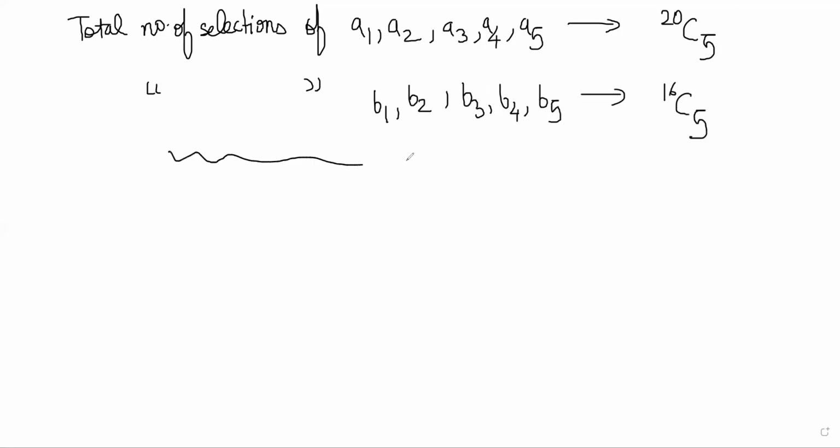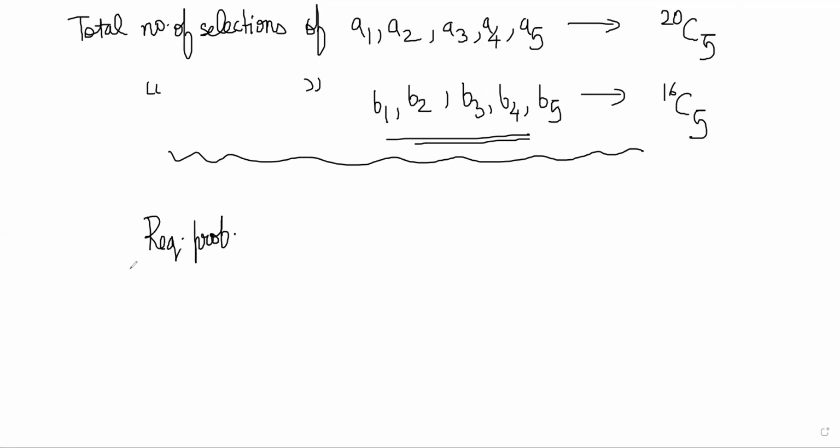And there is a one-to-one correspondence between the number of ways of selecting the B's and the number of ways of selecting A's so that they are non-consecutive. That is what we understood in the previous screen, right? So the required probability of selecting the numbers so that at least 2 numbers are adjacent would be 20C5 minus 16C5.